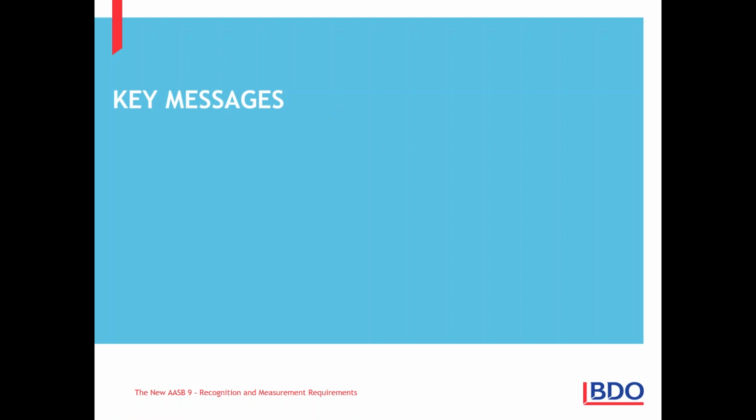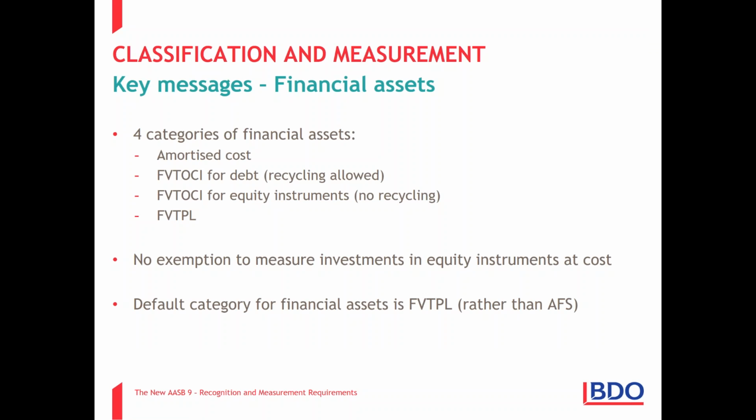So if we recap some of the key changes today on financial assets, we've got 4 categories of financial assets. Amortized cost, fair value through OCI for debt instruments, and therefore recycling is allowed. We've got fair value through other comprehensive income for equity instruments, and there's no recycling allowed. And we've got fair value through profit and loss.